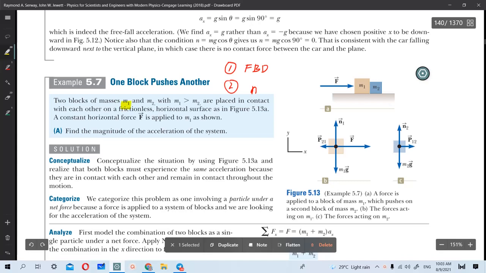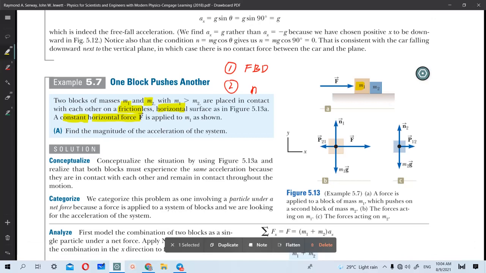Now, there are two blocks here, M1 and M2. M1 is larger, so you can see that M1 in terms of the size drawn is larger. Both are placed in contact with each other, no friction, on a flat horizontal surface, and a constant horizontal force, constant representing a single value, is applied to M1 as shown.